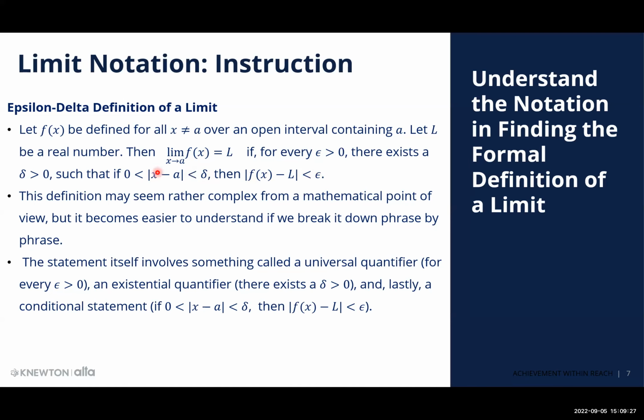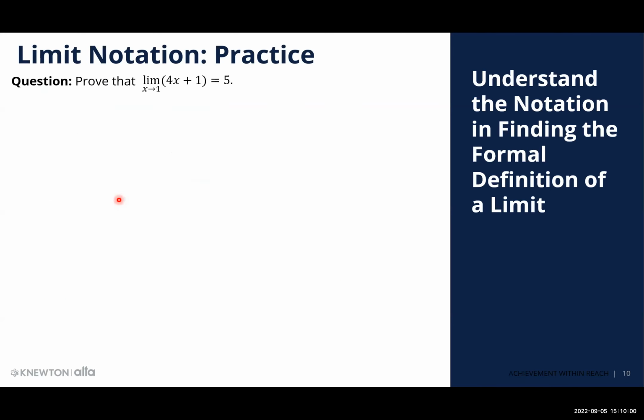A lot of these problems are going to start by trying to nail down some delta that's going to get us the result we want, because we're saying this is going to be true if there exists a delta that meets this specification.